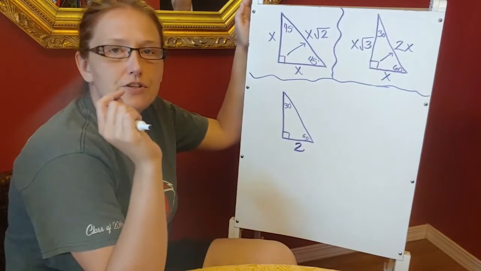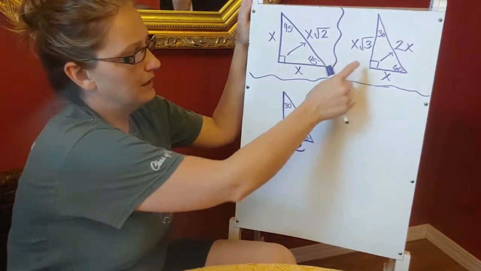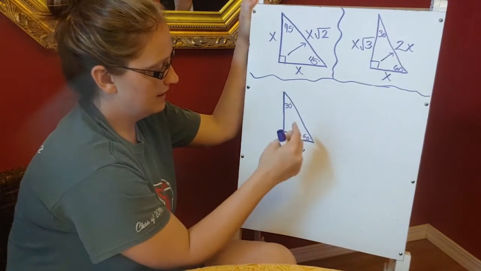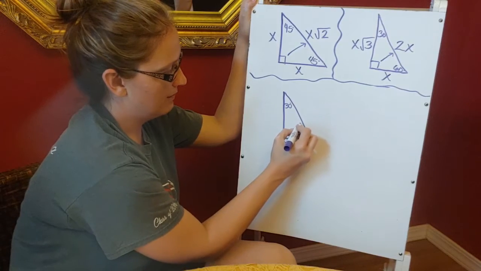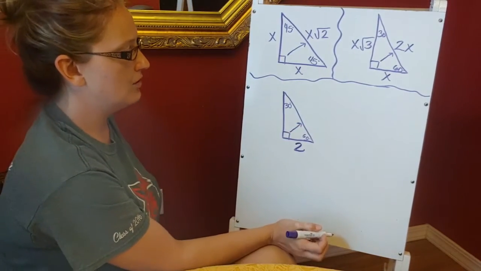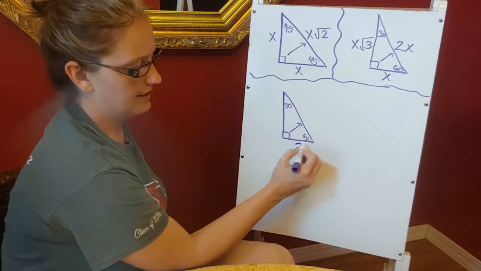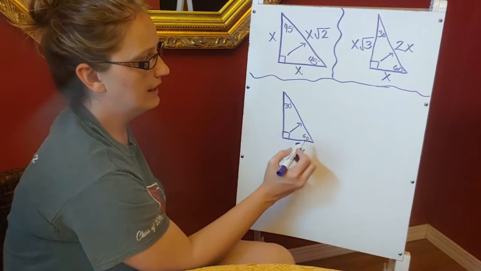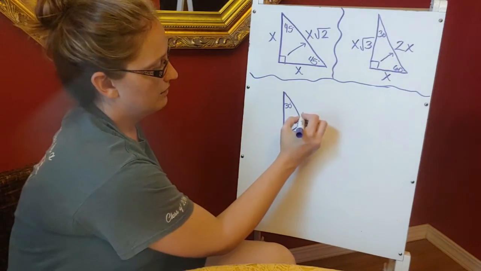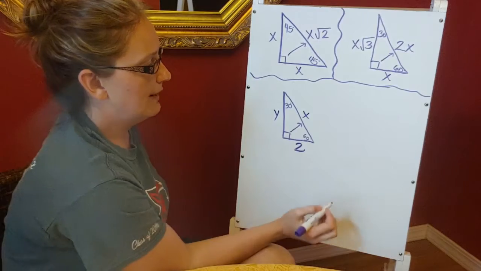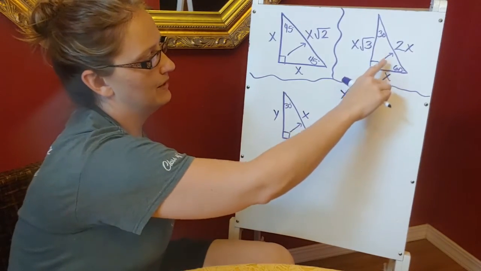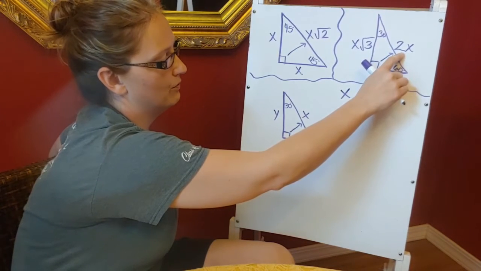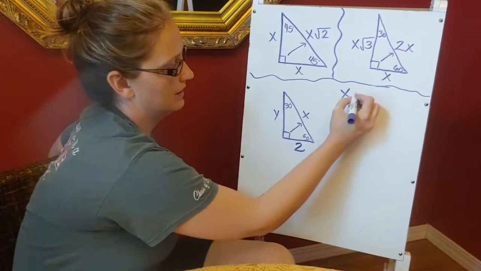Okay, so here's my first 30, 60, 90. We're going to be using this diagram right here. If I look at this problem, my hypotenuse is right here. It's across from my right angle. And my 2 is my short leg. Okay, it's across from the 30 degrees. It's my shorter leg. So it's just 2. Guess I could label those X and Y. So if I look at my diagram up here, if I'm given the short leg, then to get my hypotenuse, I'm just multiplying whatever my short leg is times 2.